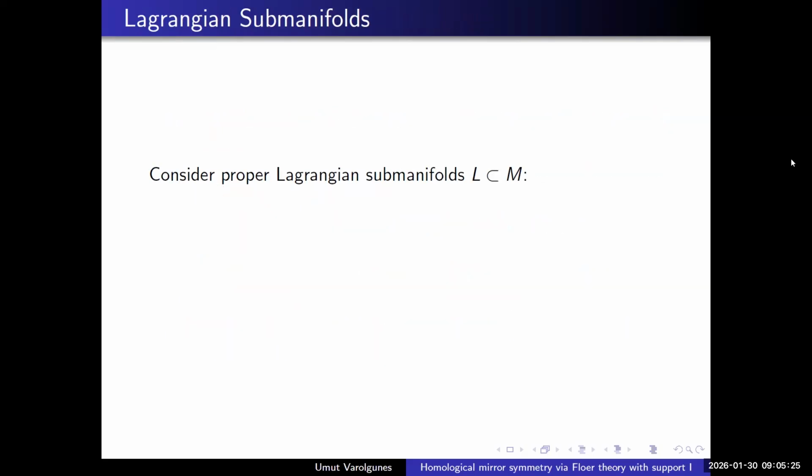Okay, so now I'm also going to consider Lagrangian submanifolds inside my Liouville manifold. They will be proper, not necessarily compact, Lagrangian submanifolds, and I will call them exact if the restriction of the Liouville one form is exact on the Lagrangian.